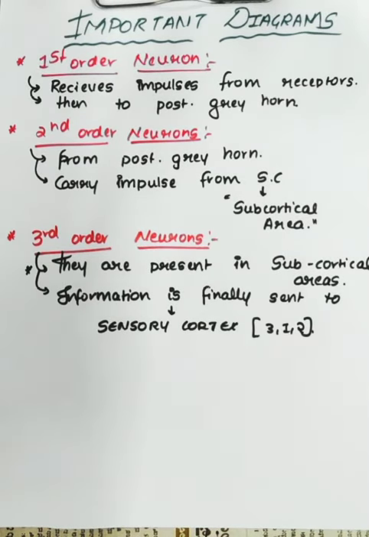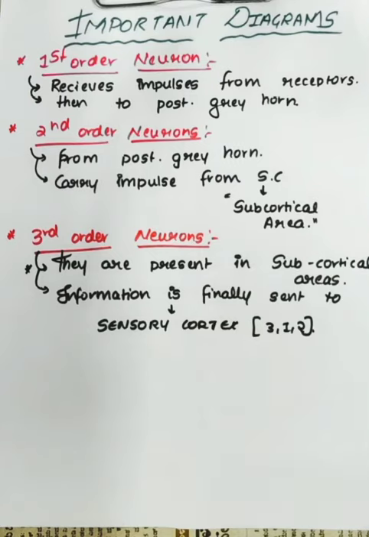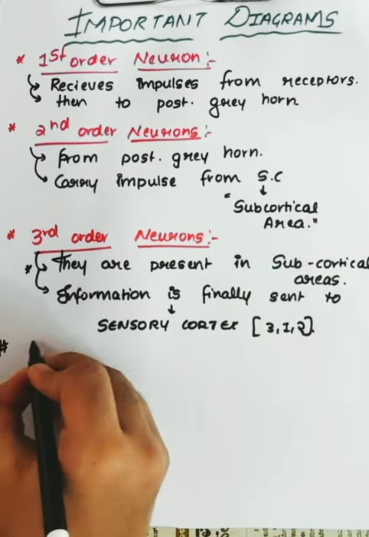As we know, in our body there are 31 pairs of spinal cord segments. We have to know the names of these segments, which is basic general information.